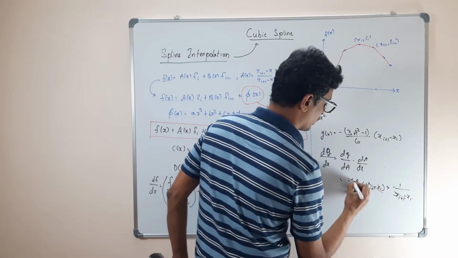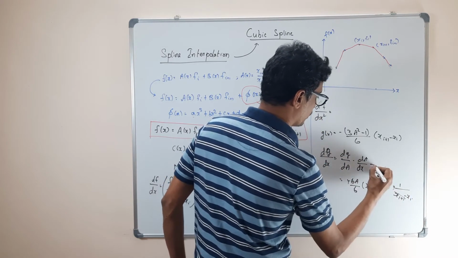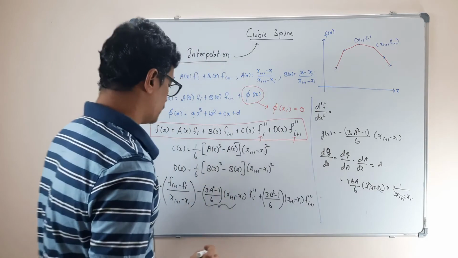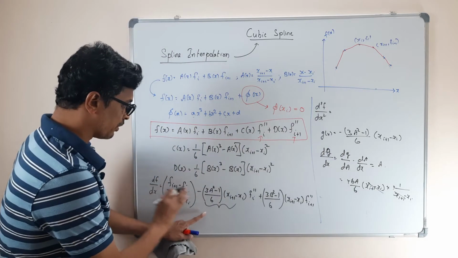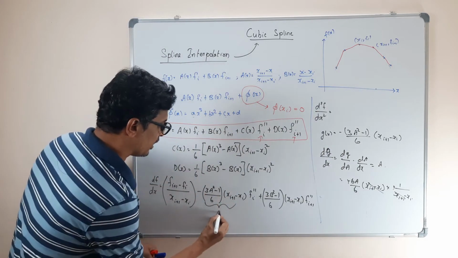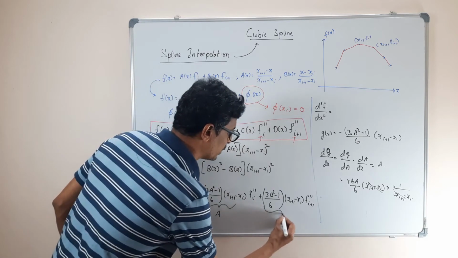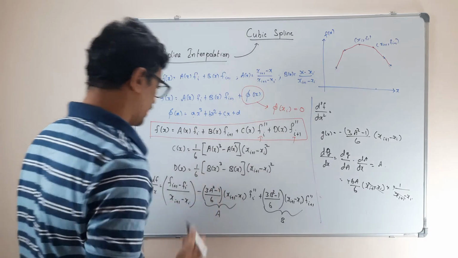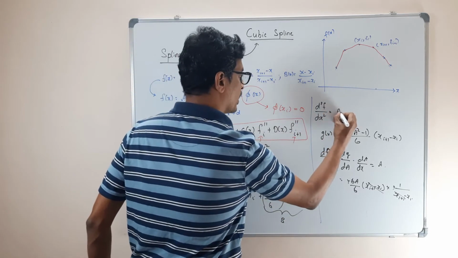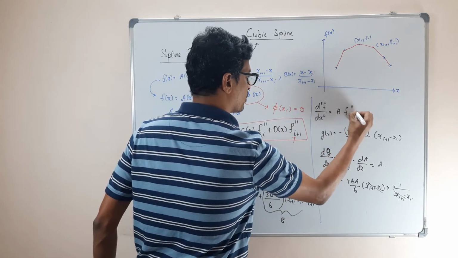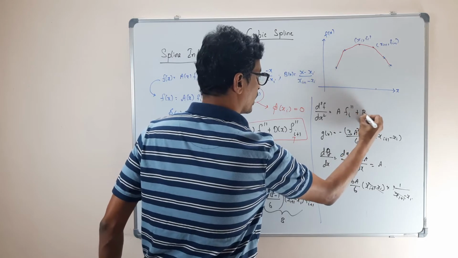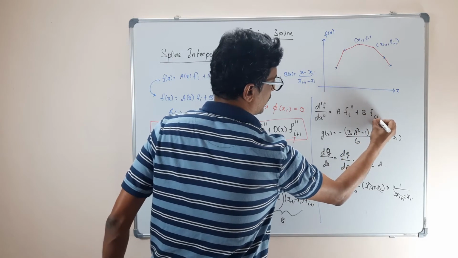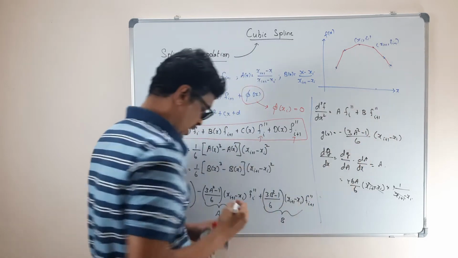So this cancels off and this minus becomes plus. So this becomes a. Therefore, when I take the second derivative, the whole term becomes a, and similarly this whole term becomes b, and therefore the second derivative will be a times f of I double prime plus b times f of I plus 1 double prime.